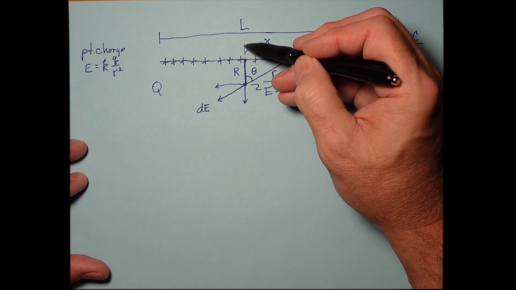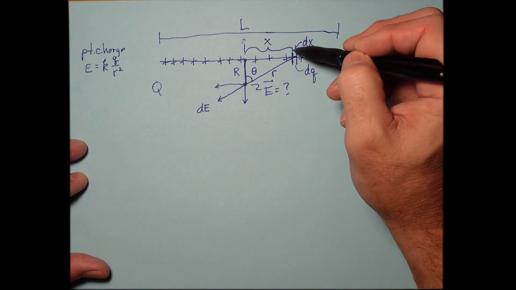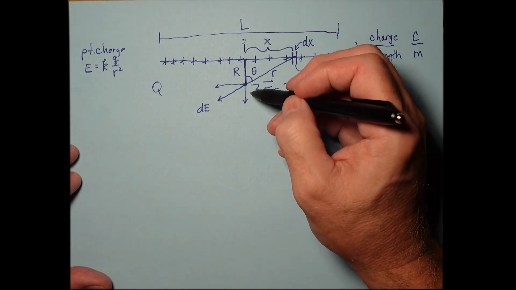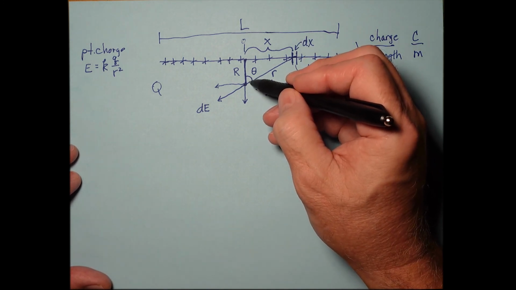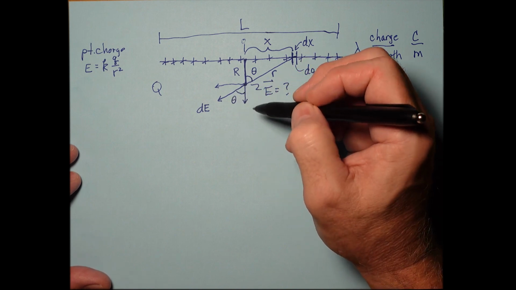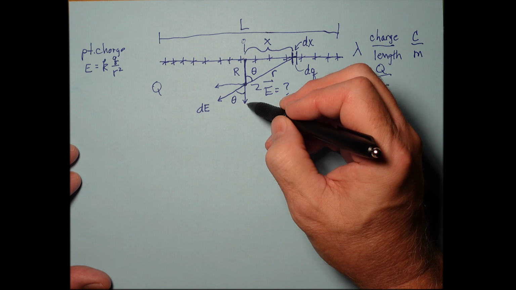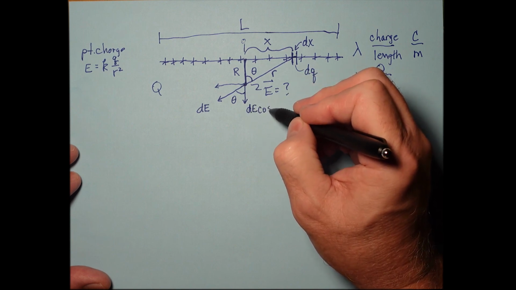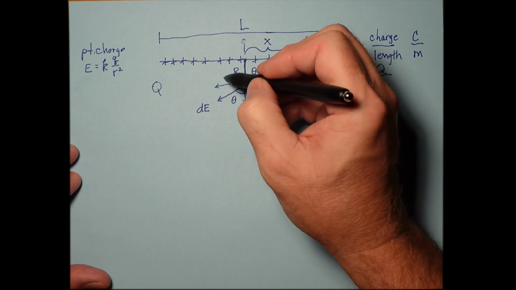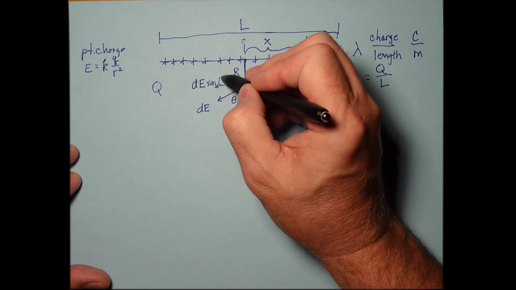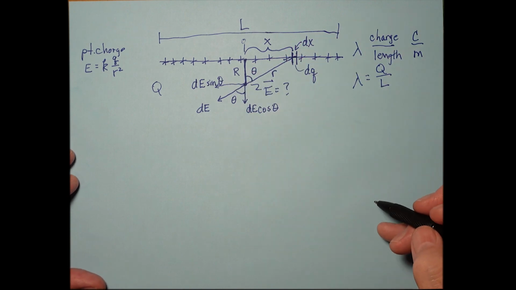This is the 0 point to x. All right, now if that's the angle theta there, then this is the angle theta here. So that makes this component here the dE cosine theta component, and that makes this the dE sine of theta component.